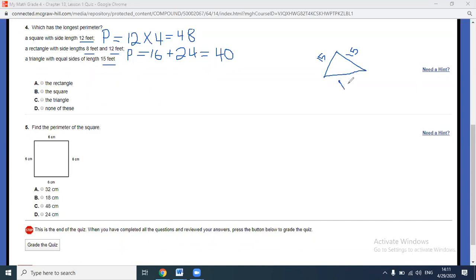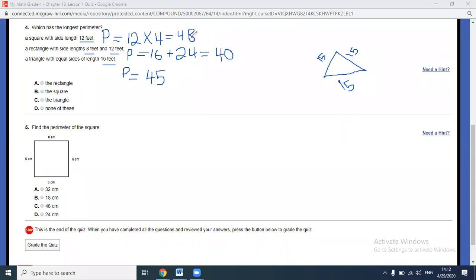So the perimeter of the triangle equals 15 plus 15 plus 15. That will be 45 feet. So which is the longest one?